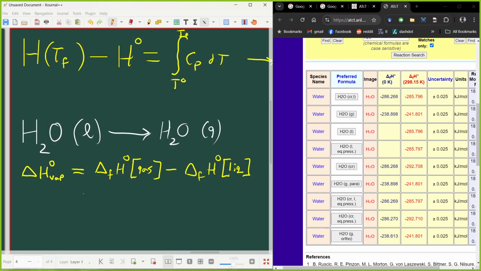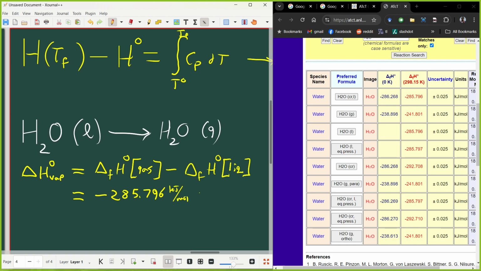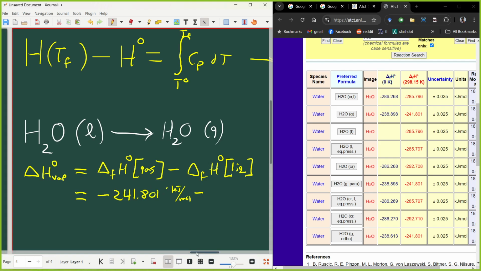Right, but anyway, all we have to do is plug in these numbers. So the liquid is the first one, it's minus 285.796 kilojoules per mole. And then we subtract, oh, sorry, that's the liquid one. I'm sorry. The gas is first. I apologize. It's the second one on the list. It's minus 241.801 kilojoules per mole.